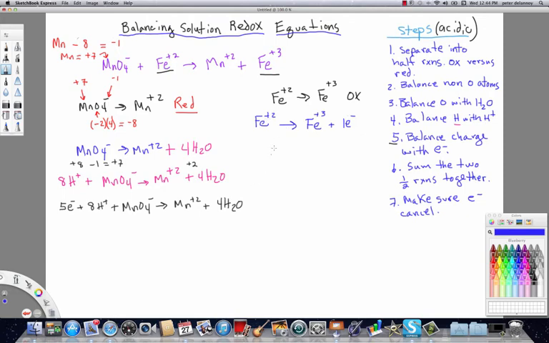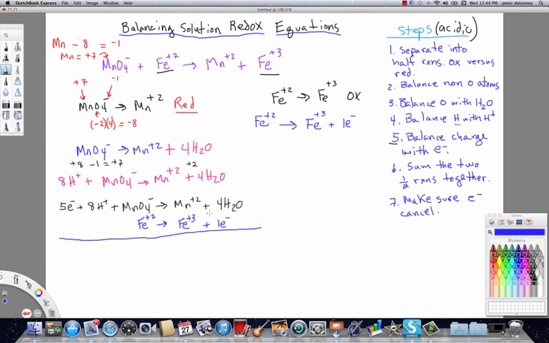Now we're ready to bring our two equations together. So I'm going to move the iron down here. Sorry about that, we need to inspect the charge and the electrons.